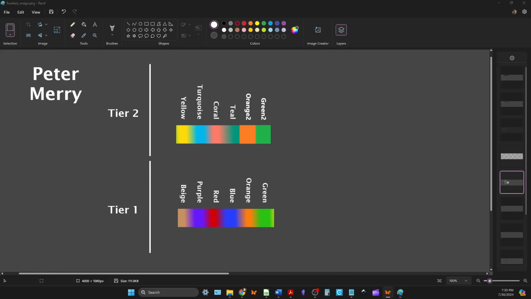Peter Marey actually does an excellent job of explaining this in an article which I will also link in the description below. It's for this reason that he used the names orange 2 and green 2 for the last 2 stages of tier 2, so that it's clear that orange 2 is a higher octave of orange and green 2 is a higher octave of green.